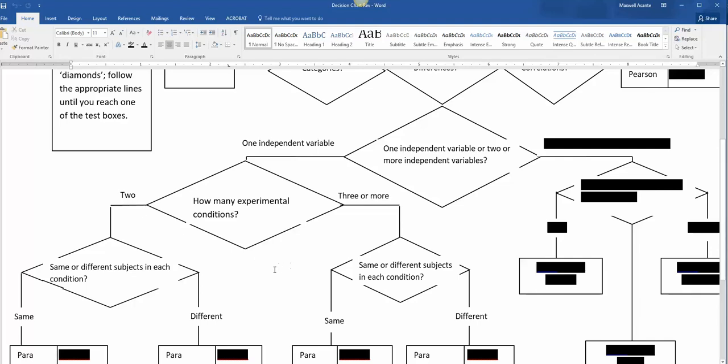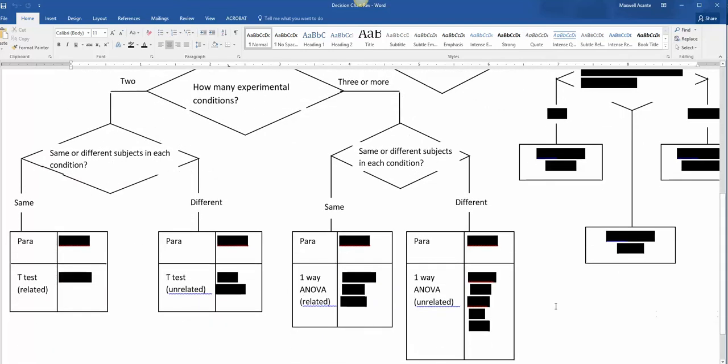The next question that comes up is, do you have the same or different subjects in each condition of this experiment that you are considering? The answer to that question could determine what kind of statistical test you use to determine the differences in the performance under the conditions of the experiment.